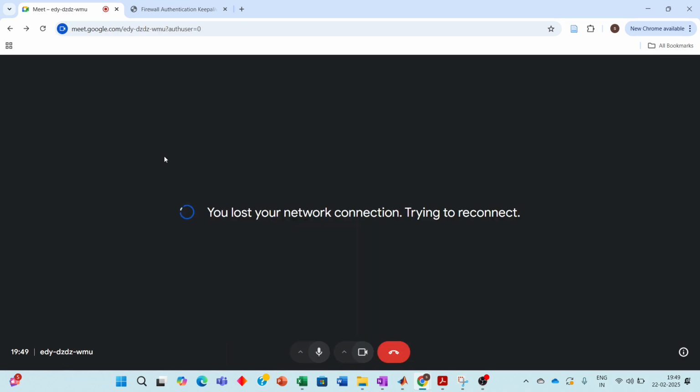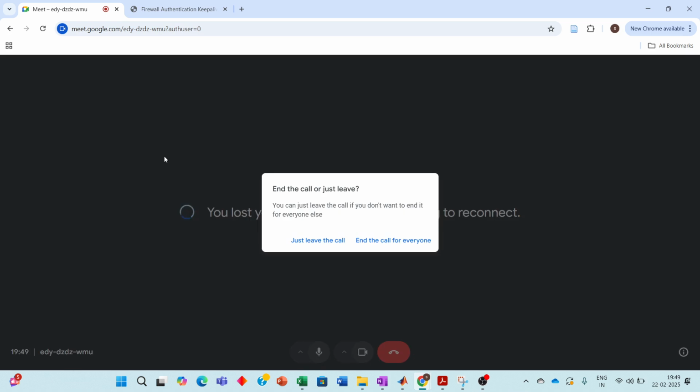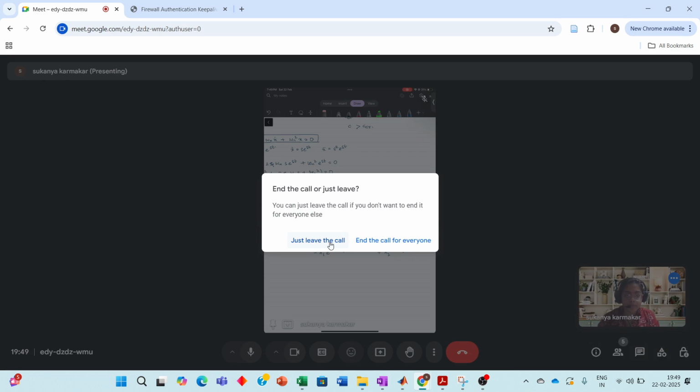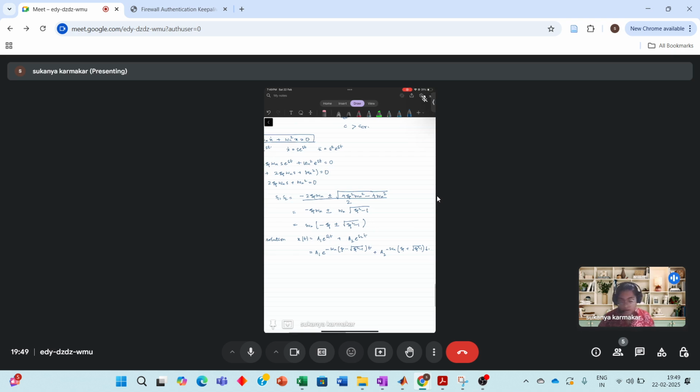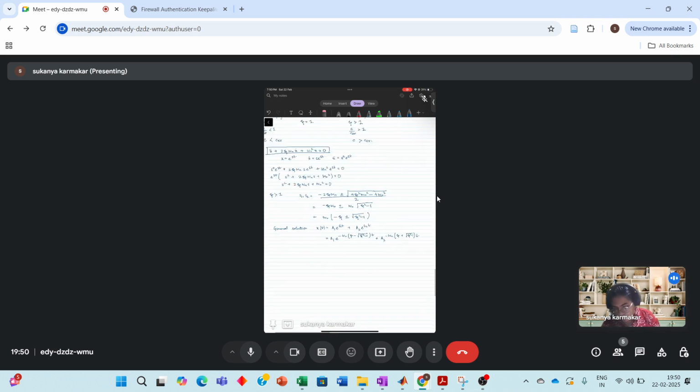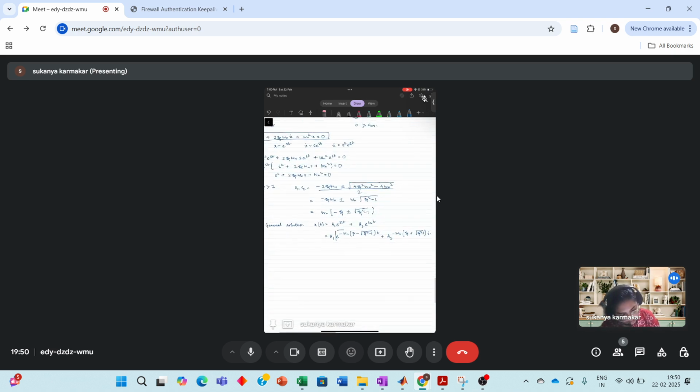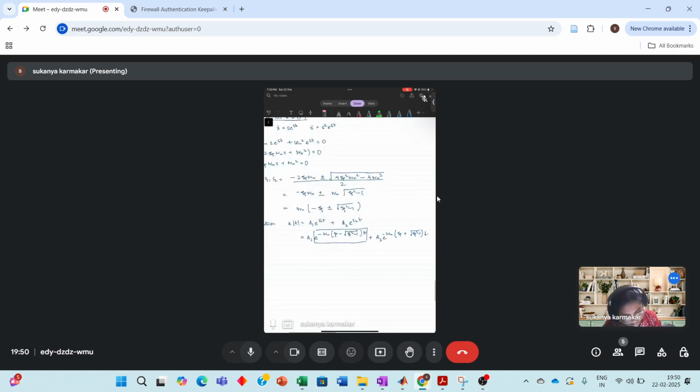So if zeta is greater than 1, both these terms, so if zeta is positive, these terms in the exponent would be positive.